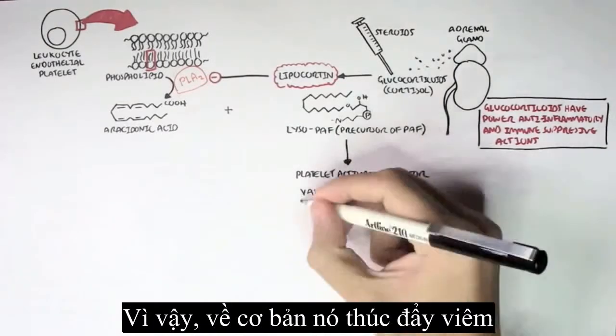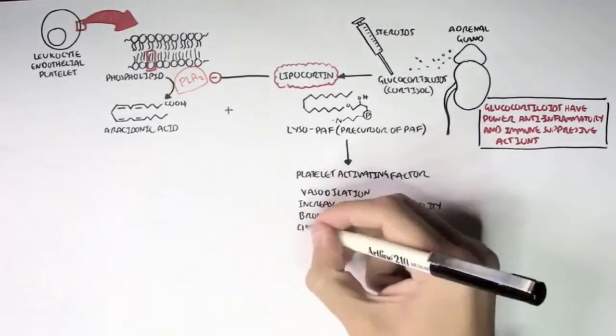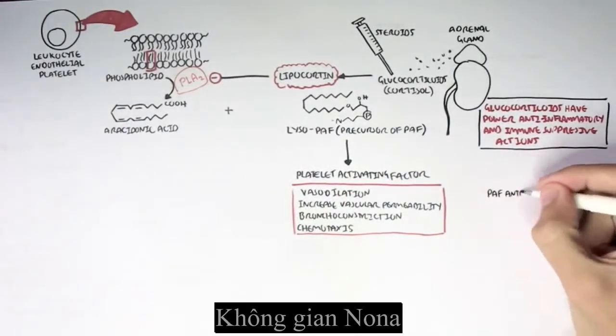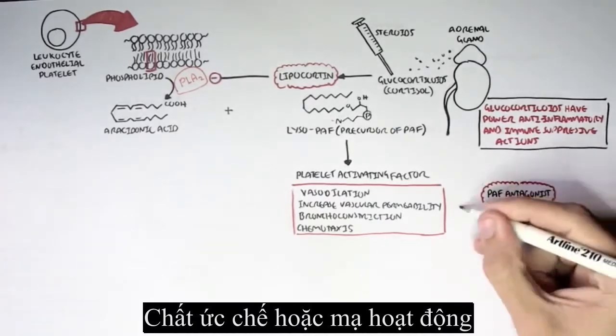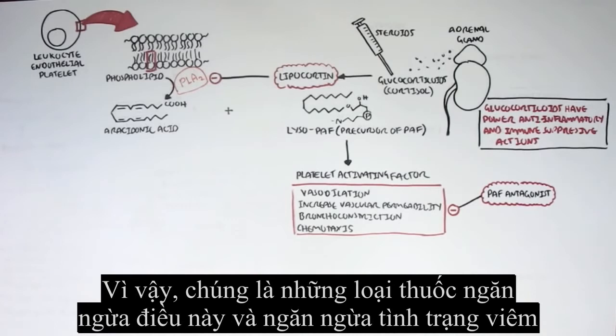So essentially, it promotes inflammation. Now, there are drugs out there that inhibit platelet activating factor activity, known as PAF inhibitors or platelet activating factor antagonists. So there are those drugs that can prevent this and thus prevent inflammation.